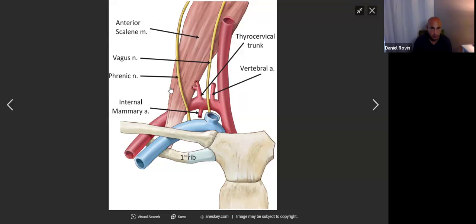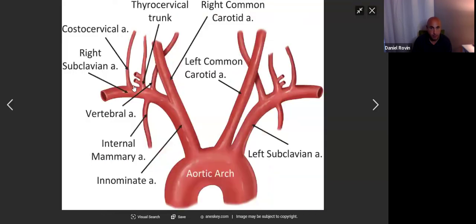Even the nerves of the brachial plexus with the artery come out in between the middle and anterior scalene, and then they all collectively run under your collarbone, which is called your clavicle, over the very first rib and in toward the arm.